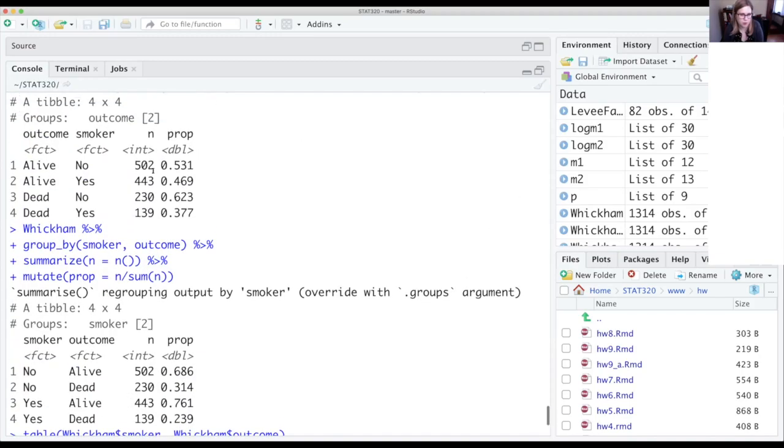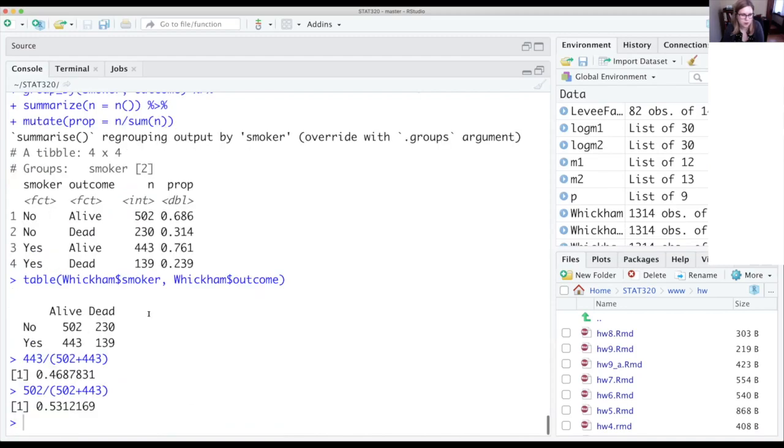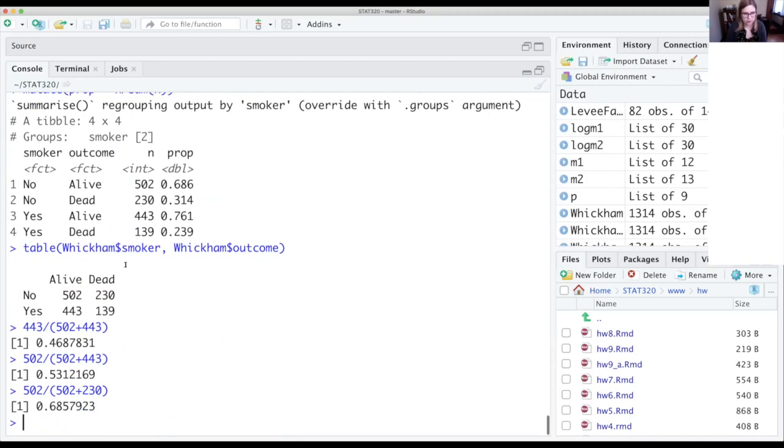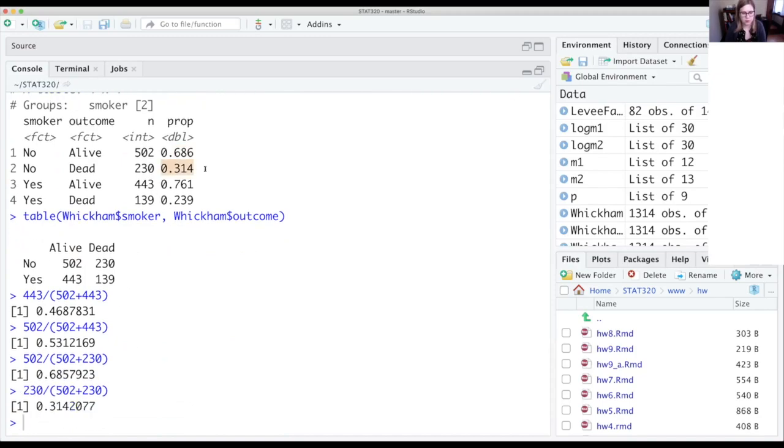So those are the numbers from up here. But you could also do it across a row. So add the denominator of 502 plus 230, and then do something like 502 out of that. This would be that number. And same thing, 230. That's that one.